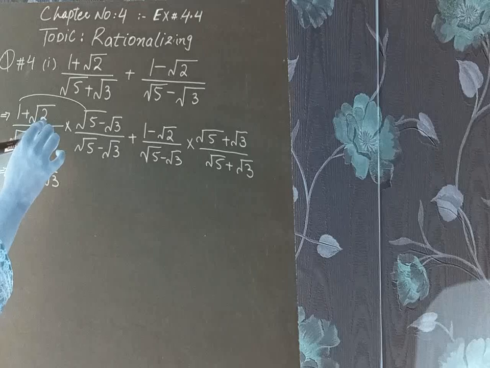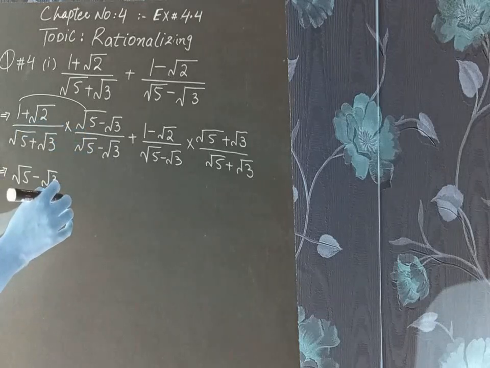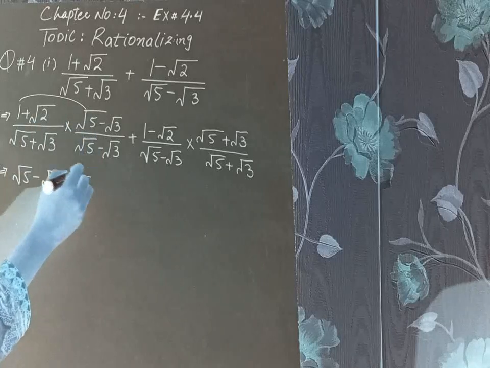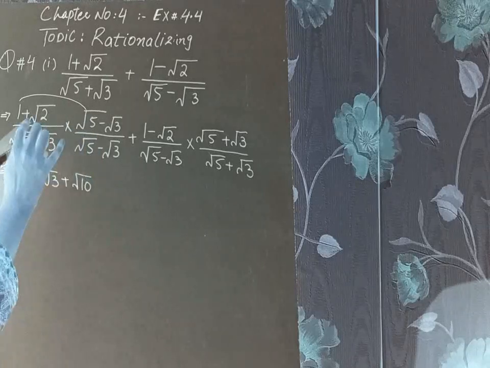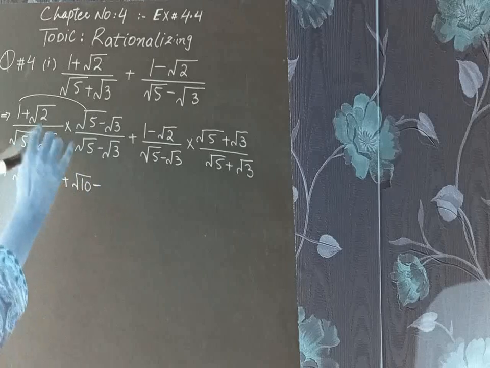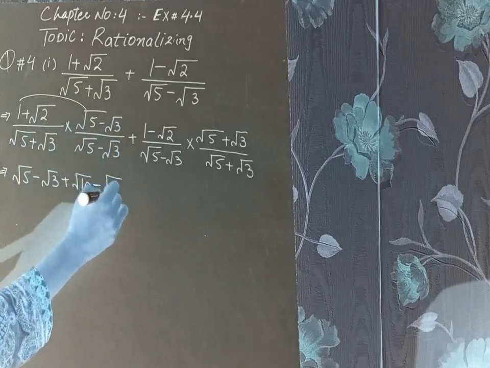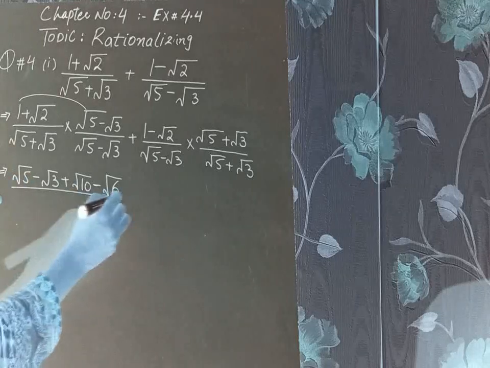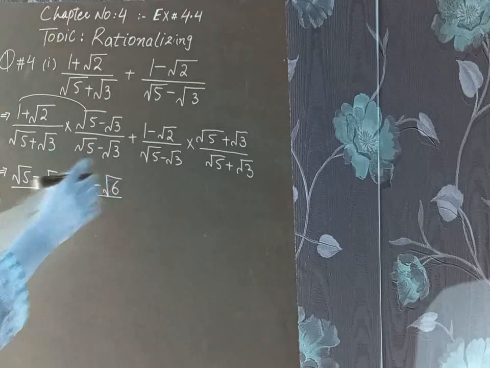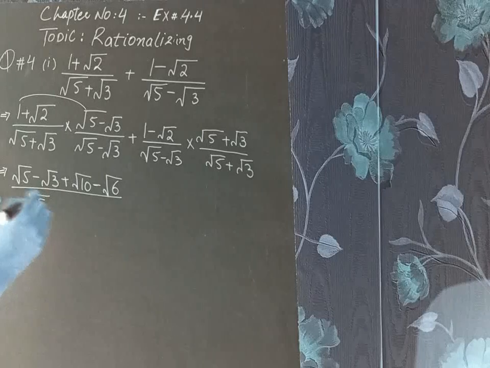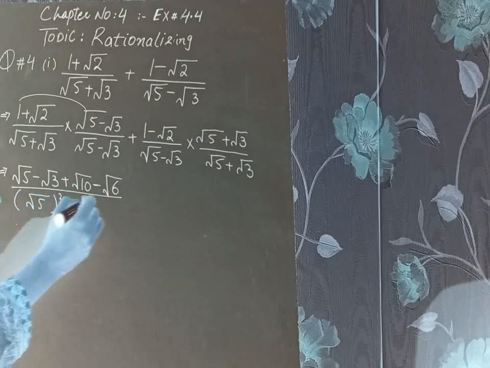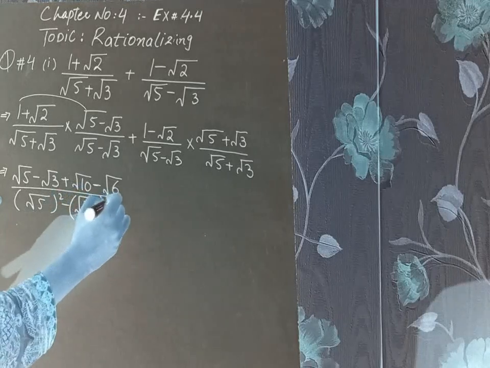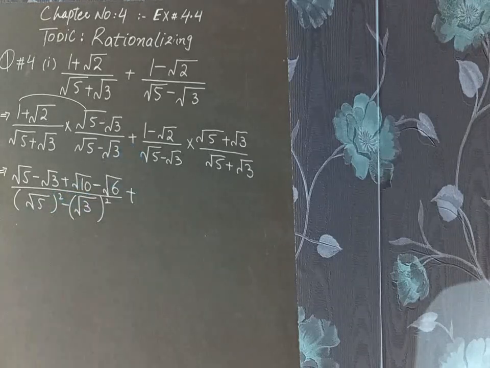Then plus under root 2 multiplied by under root 5 gives under root 10, plus minus under root 2 multiplied by under root 3 gives under root 6. In the denominator, this is a plus b, a minus b, so the formula will be a squared minus b squared.